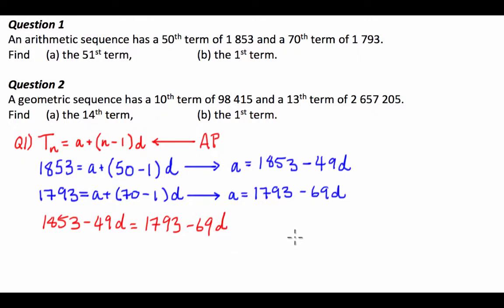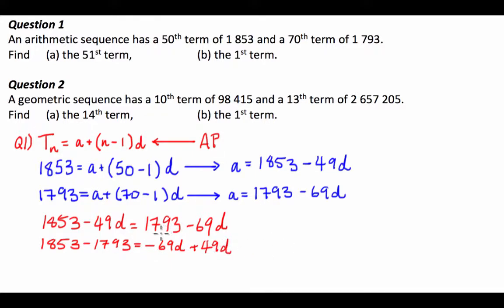So what I'm going to do now, guys, is just move the 49d to the right, and take the 1793 to the left. So I'm going to have 1853 minus 1793, which is equal to negative 69d plus 49d.